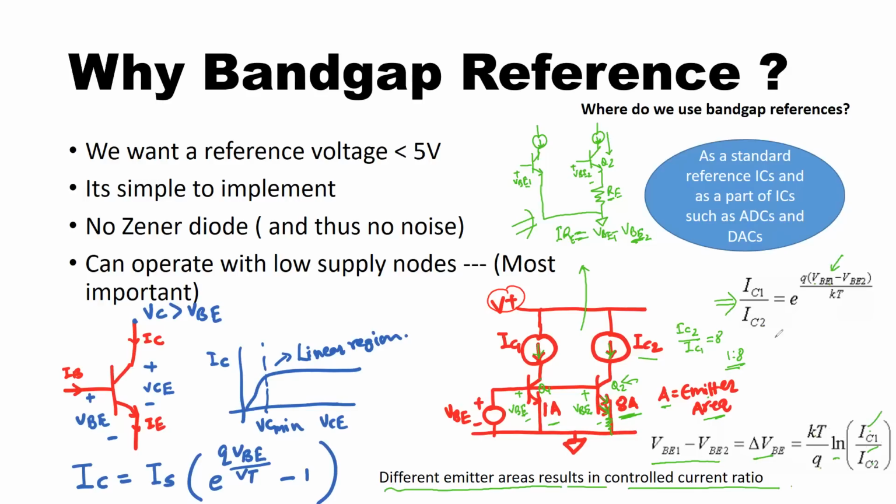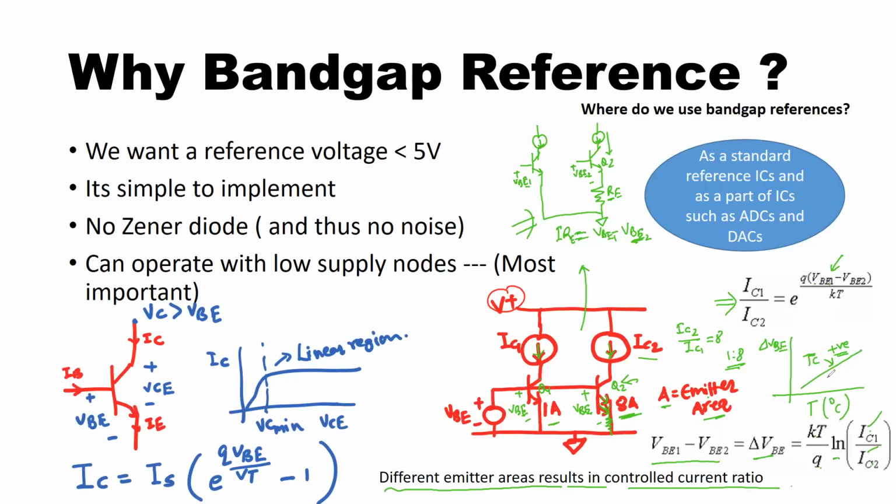And the most important, that delta VBE that you have generated is another type of voltage. It has a positive TC. So what you have here, this is TC of this curve, and this will be positive.